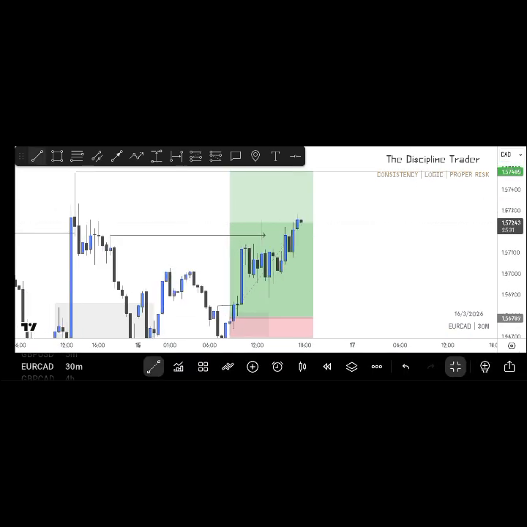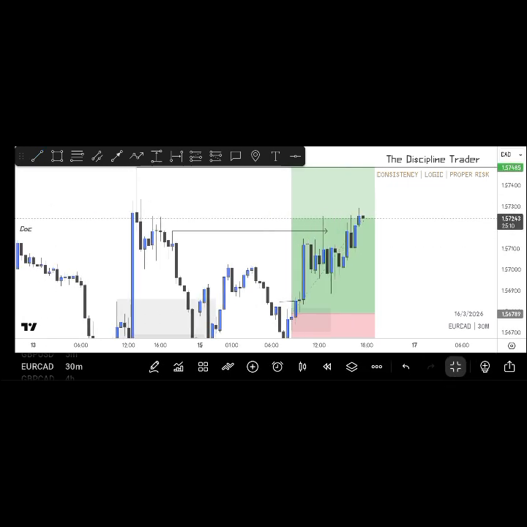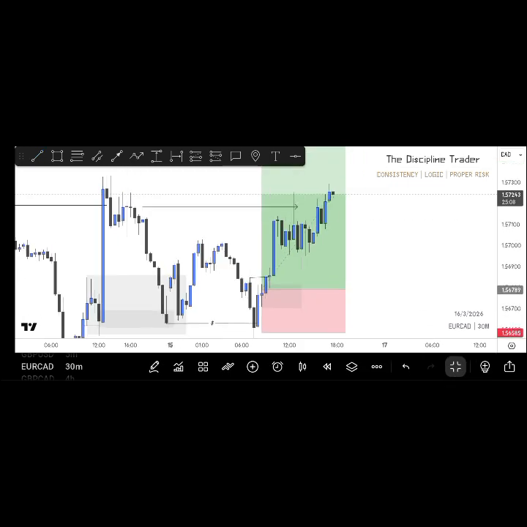Because if price were to come down, this strong push, this strong wick would have brought it down, but price actually went there and keeps going up. We don't have any opposing supply zone at this area, so I think price will keep on going up. Let me check out the higher time frame and see where my high is.